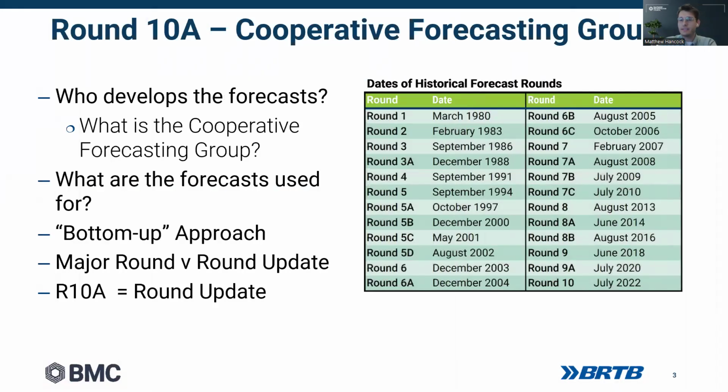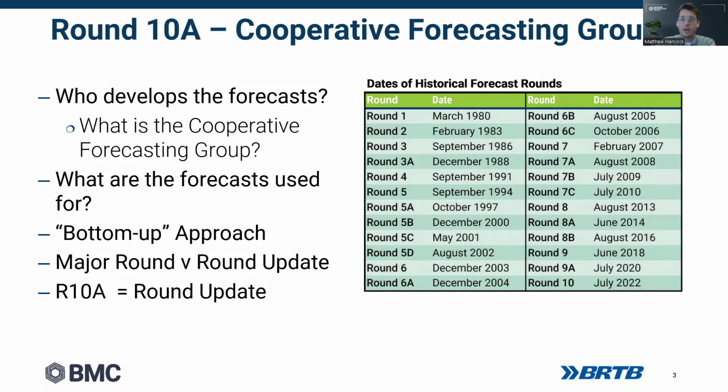So as most of you are aware, the primary responsibility of the CFG is the development of jurisdiction and transportation analysis zone level estimates and forecasts for population, households, and employment. The last round that we did was round 10, which was approved in July 22. So we are doing an update on that now, which will be our round 10A, which is what I'll be presenting on today.